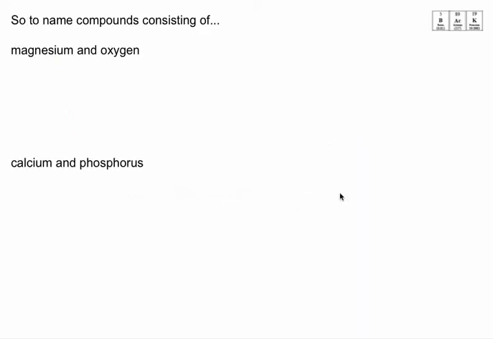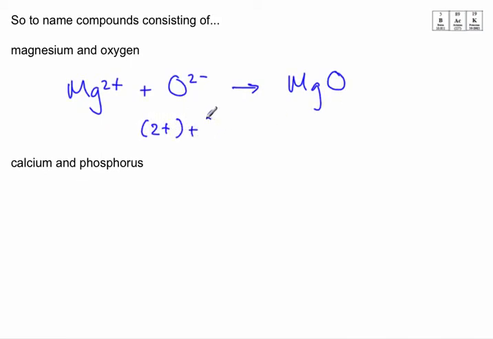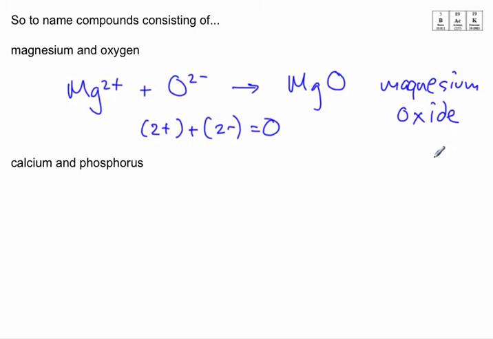And so if we put those together as Mg2+ and oxide 2-, we get a formula MgO, and that obeys the zero-sum rule. 2+ plus 2- equals 0. So that's the formula for magnesium oxide. So again, name magnesium oxide. Oxygen, change the ending to -ide.